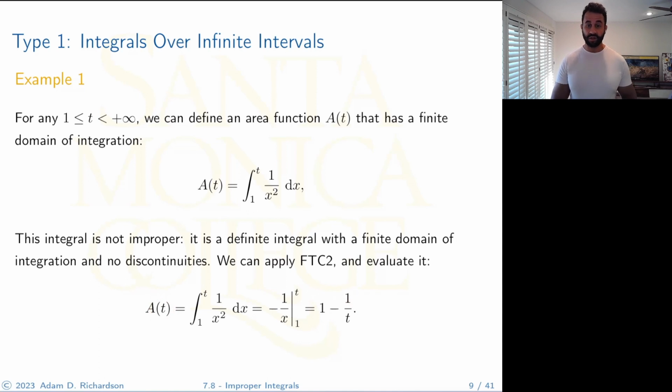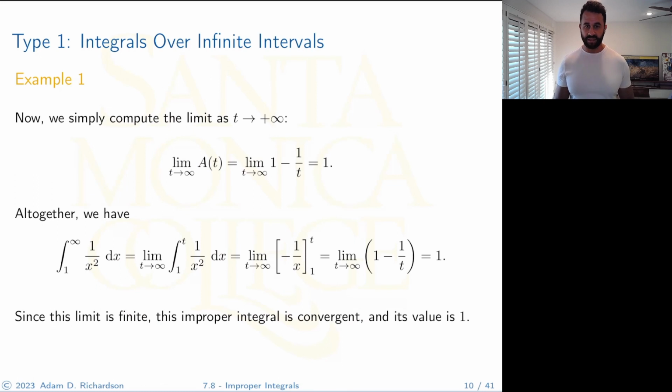Now what we're going to do is take the limit as t goes to infinity of this area so far function. That's the next step. So the limit as t goes to infinity of this area so far function is the limit as t goes to infinity of that. When t goes to infinity, this value goes to 0, and so we're left with 1.